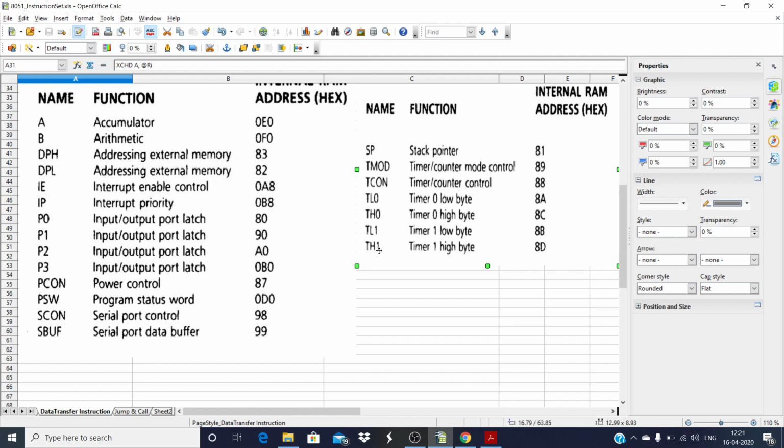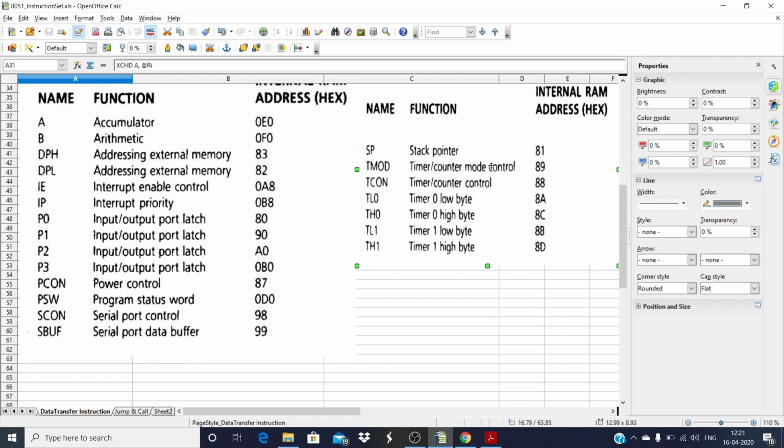All these are the SFRs and these are the respective addresses of the SFRs. SFRs are located or addressed next to the internal RAM, means after 128 bytes.